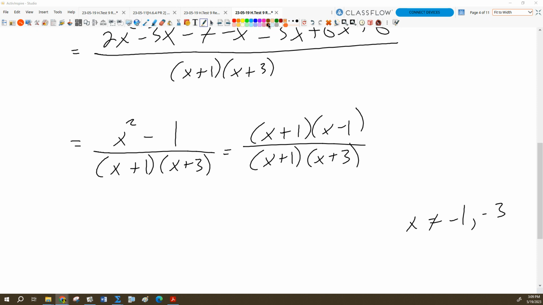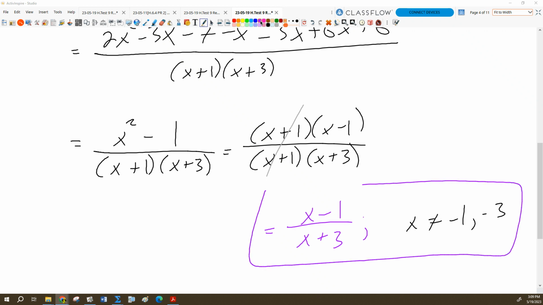Before I cancel factors. Are there any that cancel? Yeah, those guys go away, right? So this does end up looking a lot simpler. It looks like x minus 1 over x plus 3 with those exclusions. Yep. Good? Make sense? Okay.